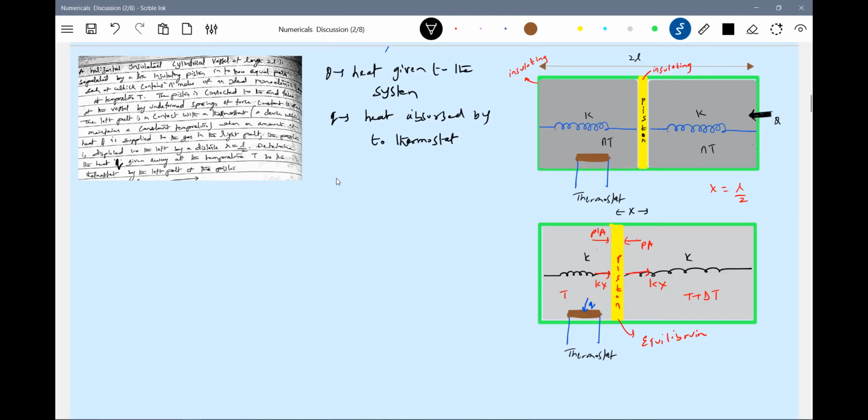So therefore, this is the first energy equation you have to write. The heat supplied to the system, where the system means everything: cylinder, piston, everything.